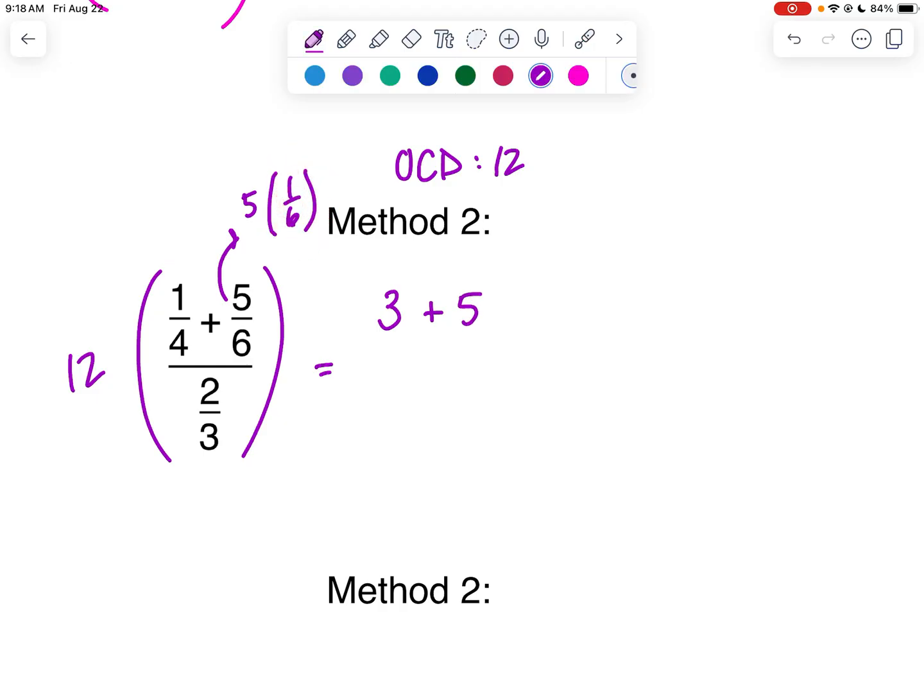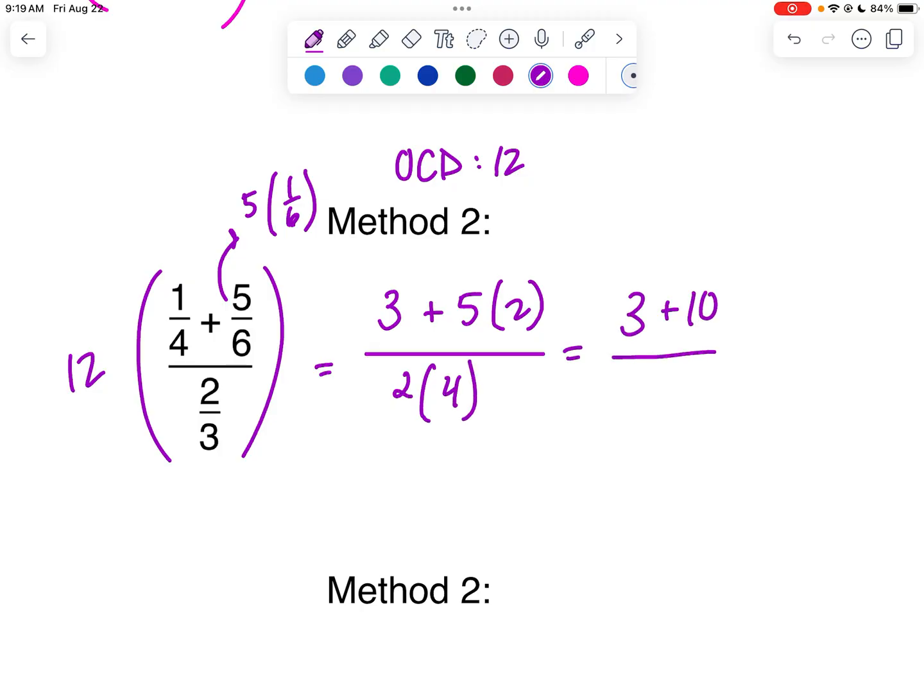I'm going to keep that 5. 12 divided by 6 is 2. All over, same exact process. I'm going to keep this 2. I'm going to multiply 12 times 1/3. Right, 12 divided by 3 is 4. So I get 3 plus 10 over 8. I get 13 over 8. Same exact answer. Cool.